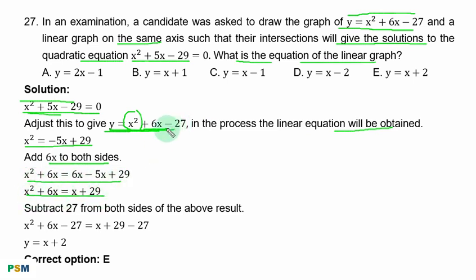To have the constant term, subtract 27 from both sides of the result above. You have it in this form. What you have here now is equal to y, and it is equal to s plus 29 minus 27, which is 2. The correct option is E.